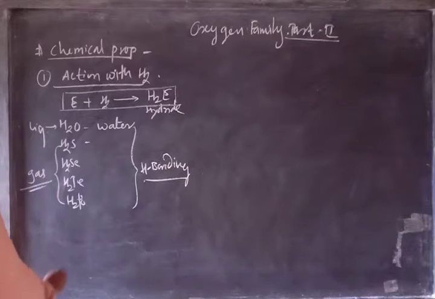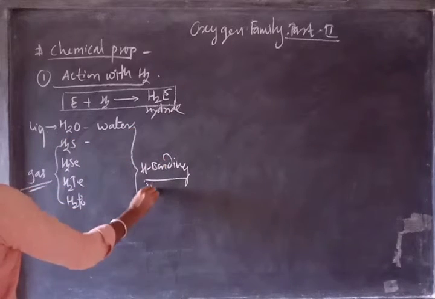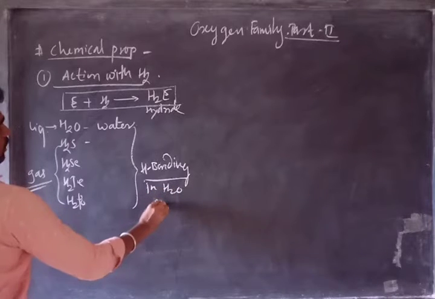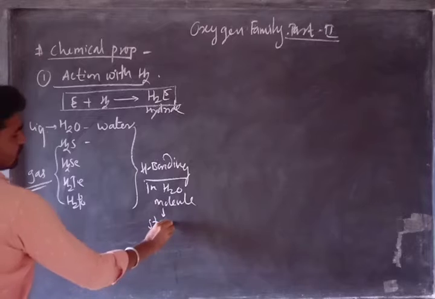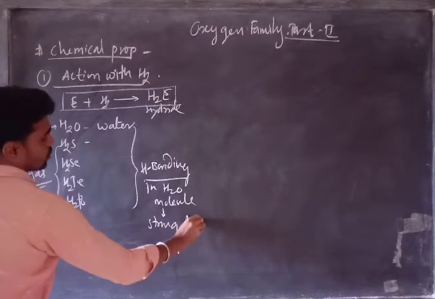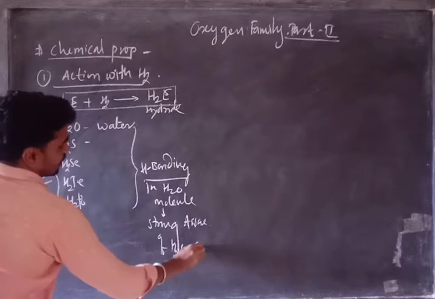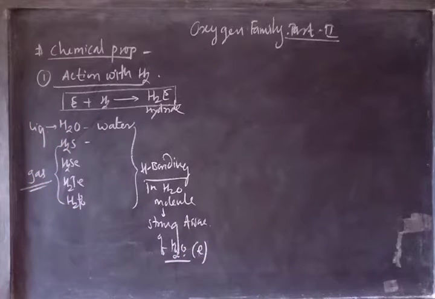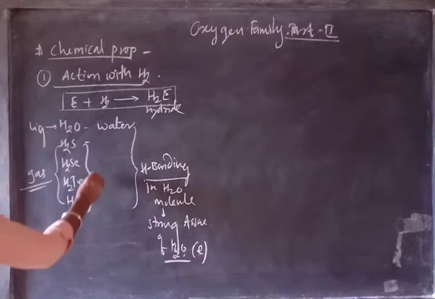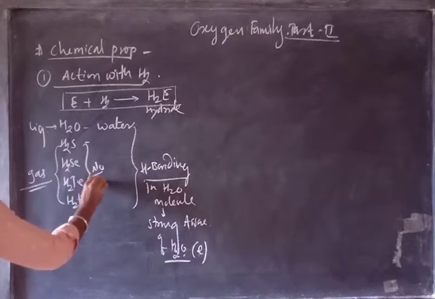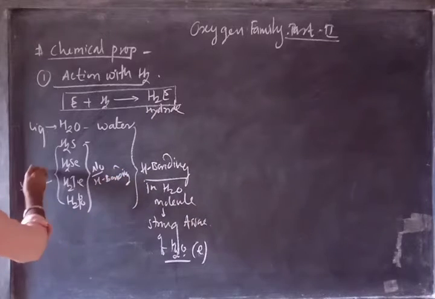Because of the hydrogen bonding present in the water molecule, there is a very strong association of H2O molecules. That's why it is found in liquid state. But in the remaining hydrides of this oxygen family, there is no H bonding. That's why they are found in the gaseous state.